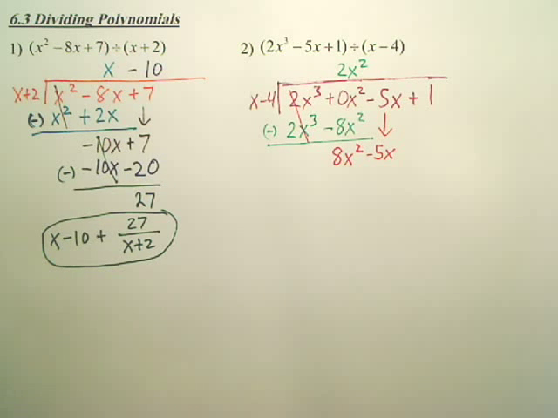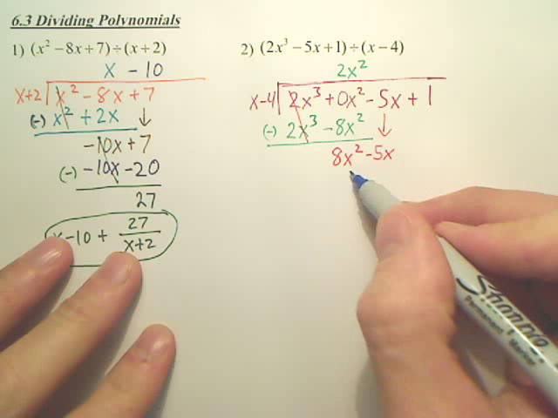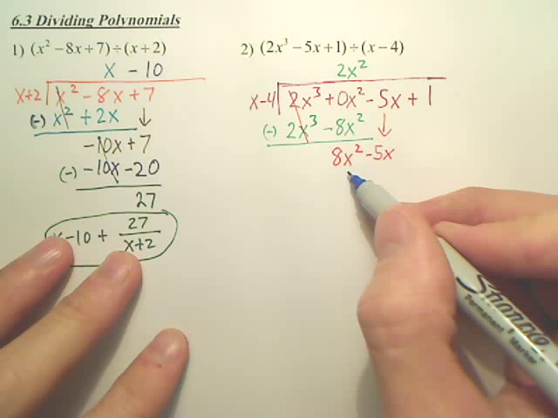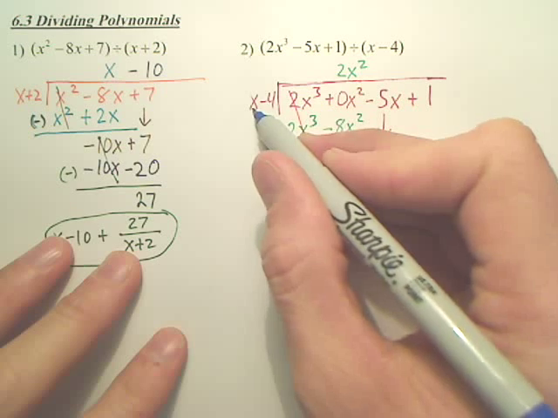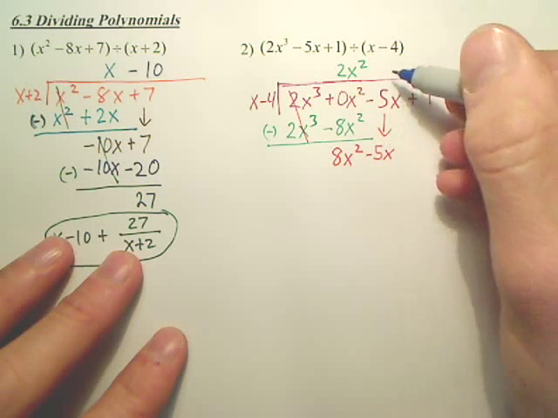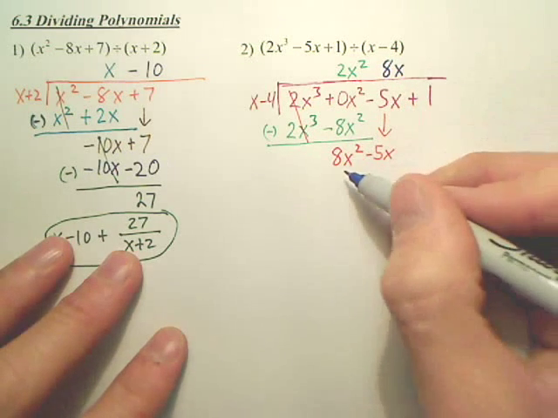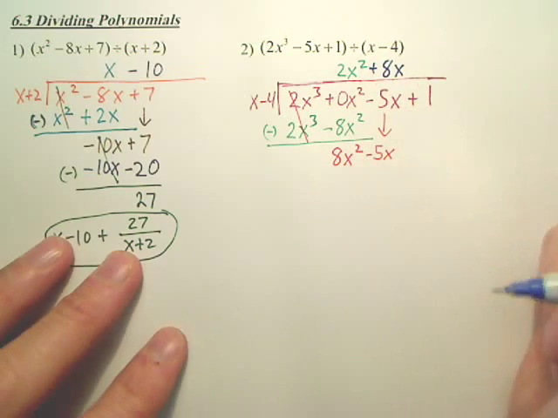Okay. Now, our next step is I want to make x turn into an 8x squared. What do you need to multiply x by to get 8x squared? 8x. Now, this is the x column. So the 8x goes right here. And was it positive or negative? Positive. It's a positive, so it's positive here.